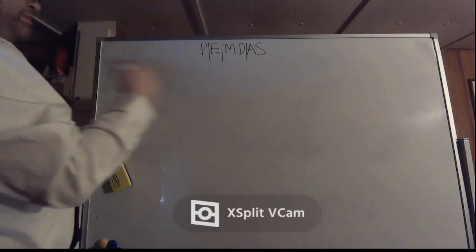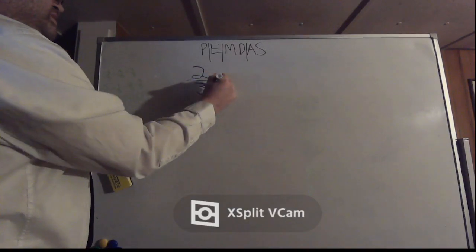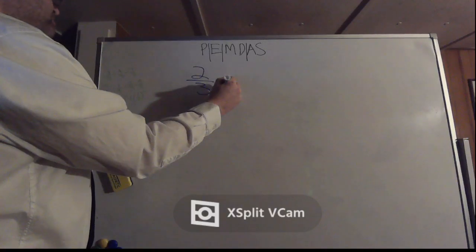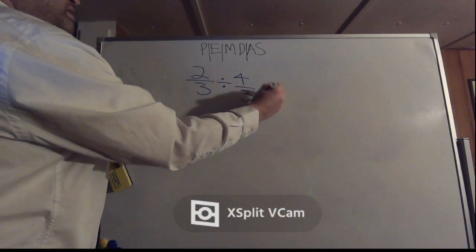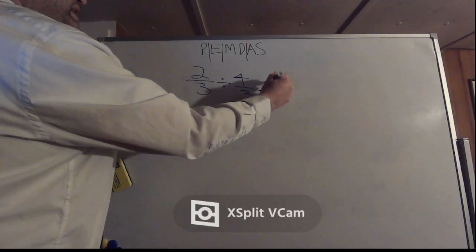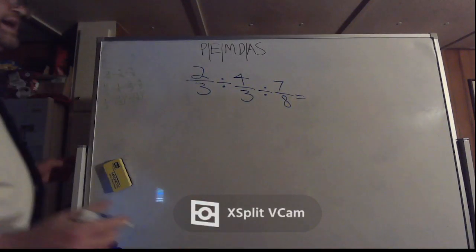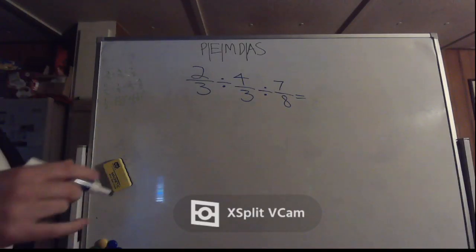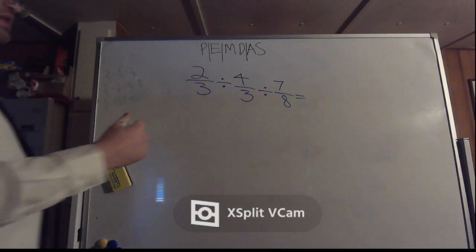Okay, how about we get into one like this? We have 2/3 divided by 4/3 divided by 7/8. Well, again, this is all division. We can work from left to right. We'll start with 2/3 and 4/3.